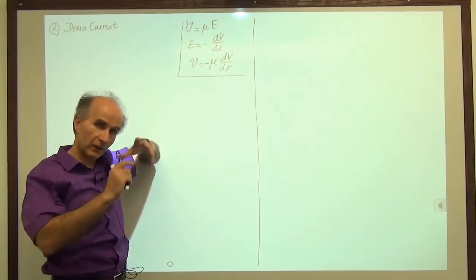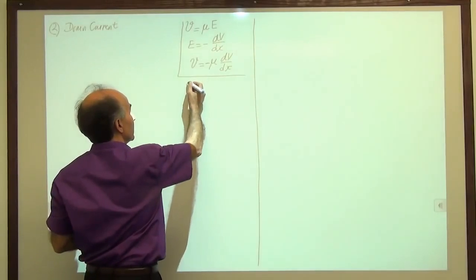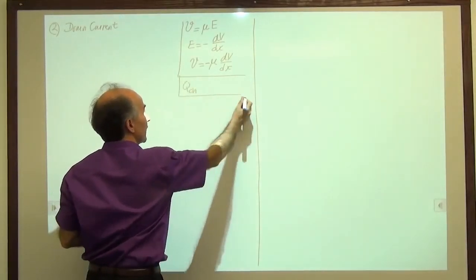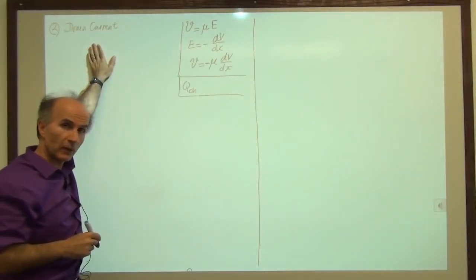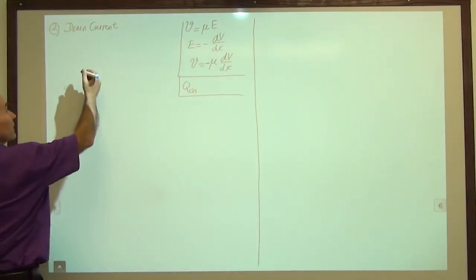Now the question is, can I relate all of these together? So what we have are v, we also have Q of the channel, and what we are looking for is the drain current. All right, well, it's not that bad. So here's how it goes.